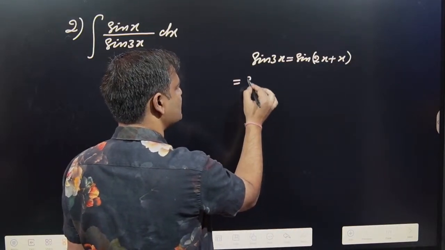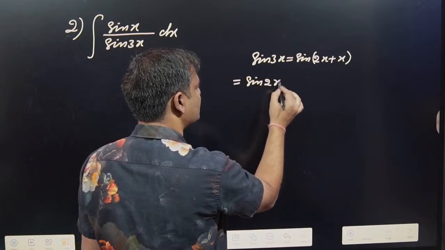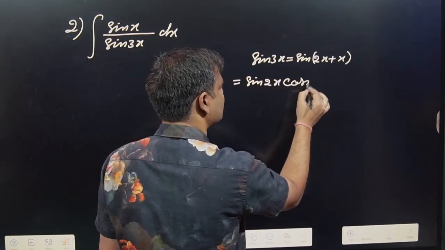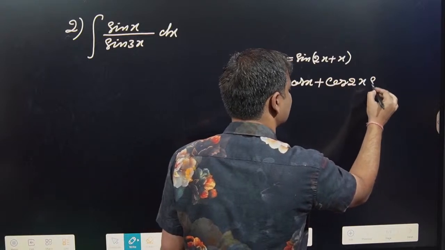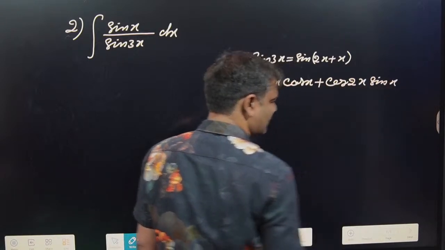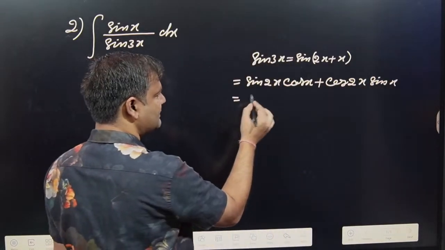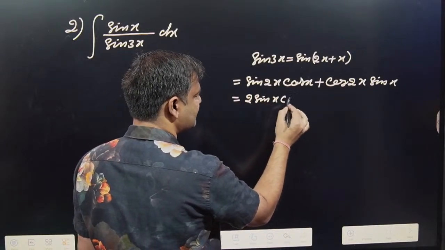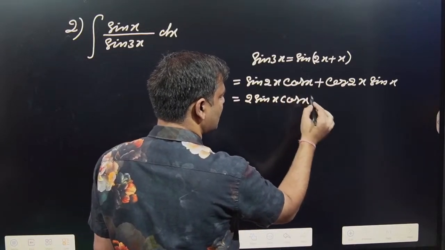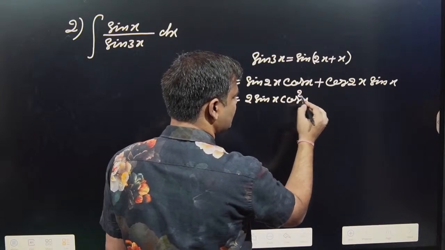So sin 2x into cos x plus cos 2x into sin x. After that, this one is 2 sin x into cos x, and this one is already cos, so cos square x.